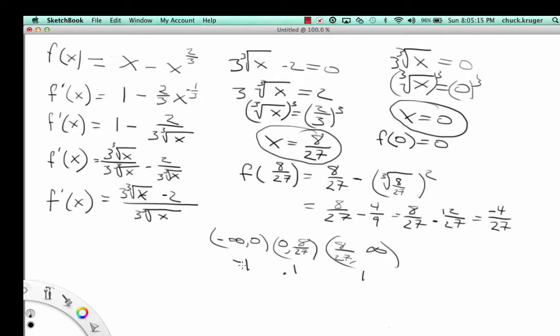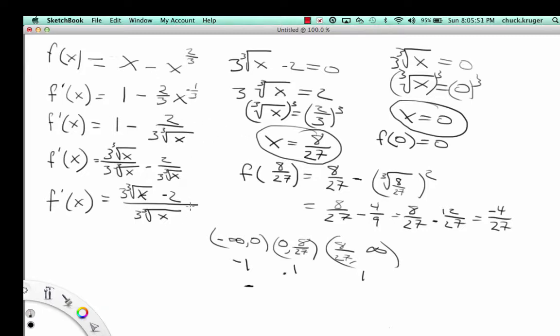If I put negative 1 into here, negative 1 squared is 1, the cube root of 1 is 1, so I have negative 1 minus 1, it's going to be negative. Oh, excuse me, I have to put it into the derivative.